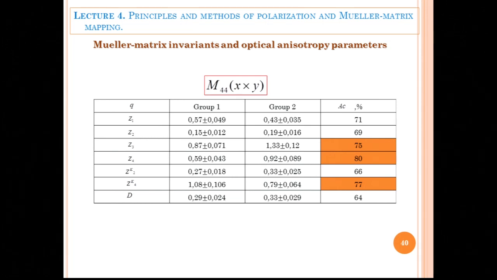This is calculated for statistic moments. These two are the second and the fourth statistic moments of the autocorrelation function. And this one, D, is the standard deviation of power spectra. This is for two groups of patients, precancer and cancer states, for prostate cancer.